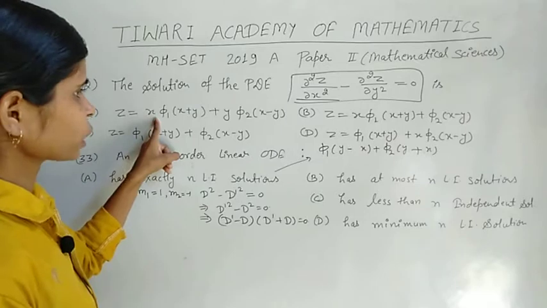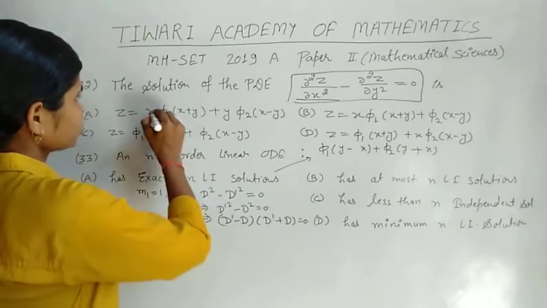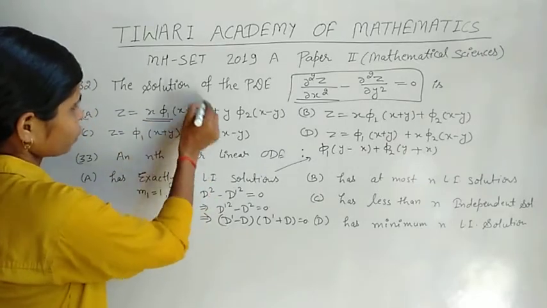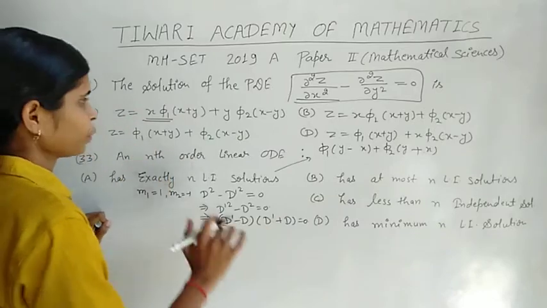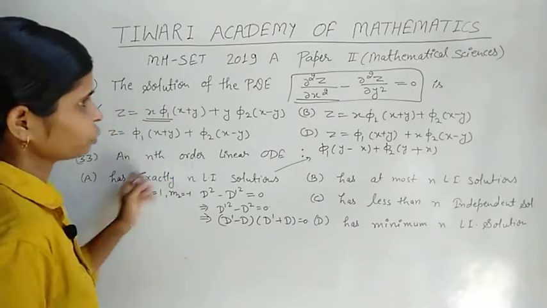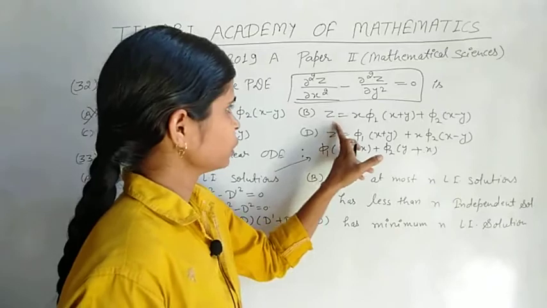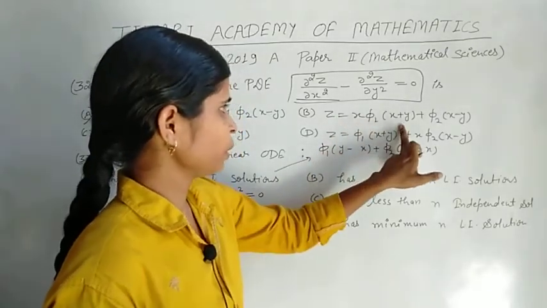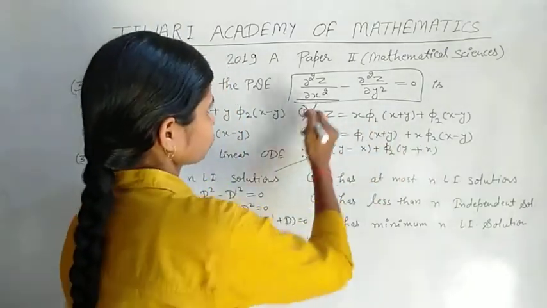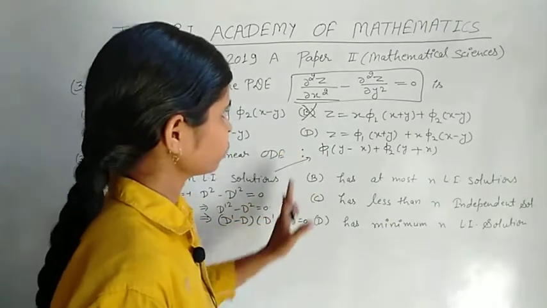z = x into, means this function is multiplied by x, so it is not our answer. Option A is a wrong option. In option B, z = x multiplied by this function, so it is not our required answer.